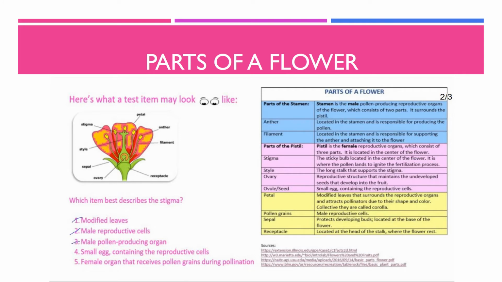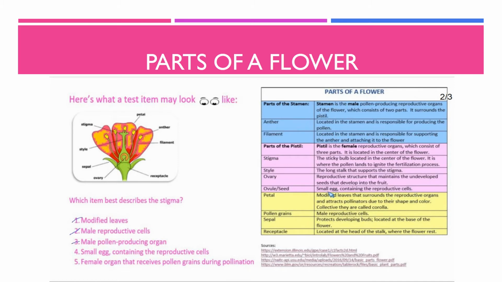So now we can look at option number 4, small egg containing the reproductive cells. So when we look here at the chart in the pink section of the chart, which is the female part of the flower, we see that the oval is the small egg containing the reproductive cells.